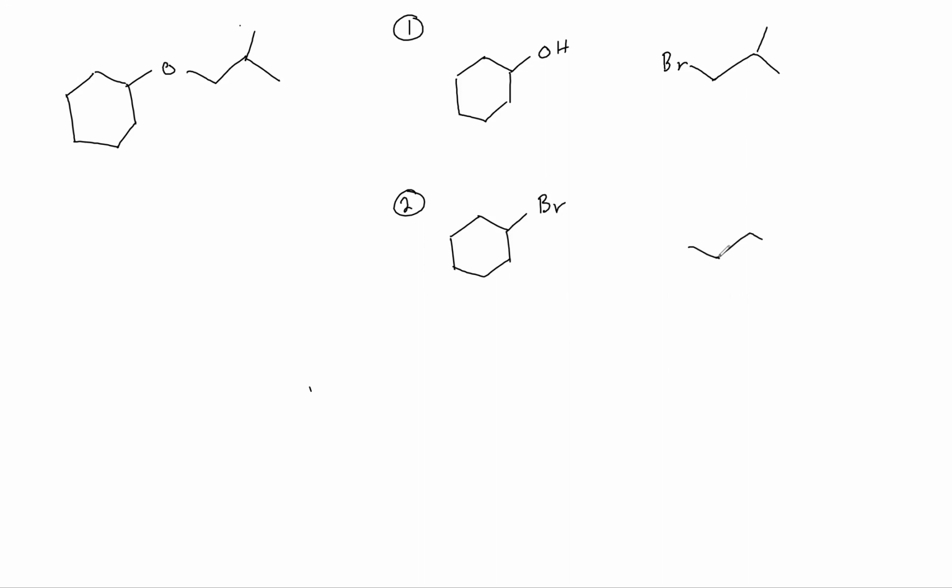We can go with route 1, where we end up with our oxygen on the left, and then some sort of alkyl halide on the right. I'm just going to say Br, because Br is reliable. We can also undergo the other route, where we end up having our Br, or our halogen, on the other side, and our OH over here.